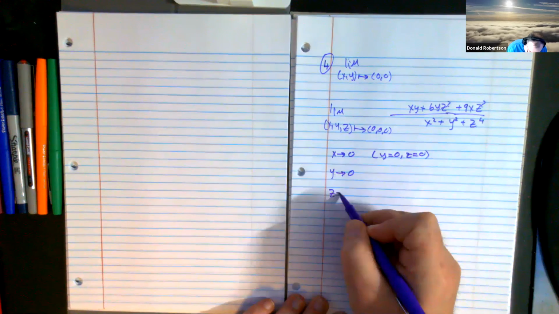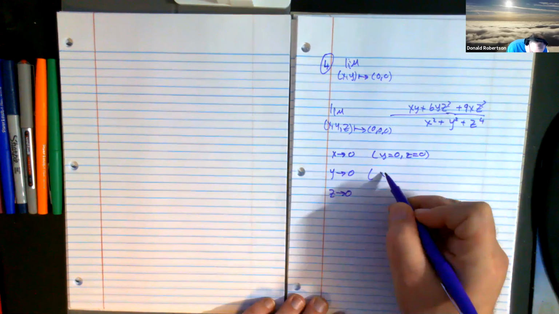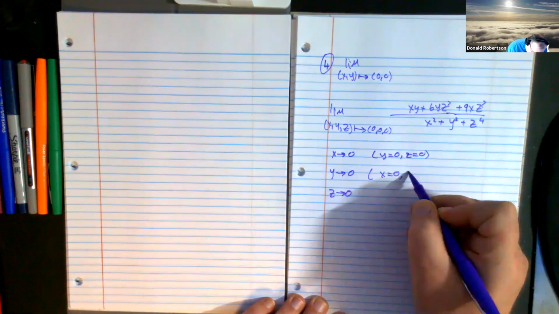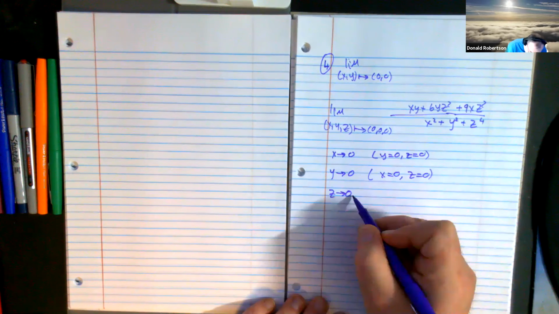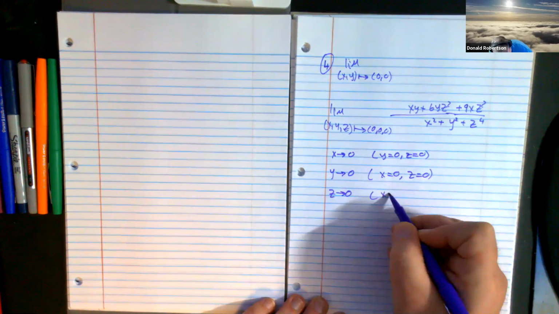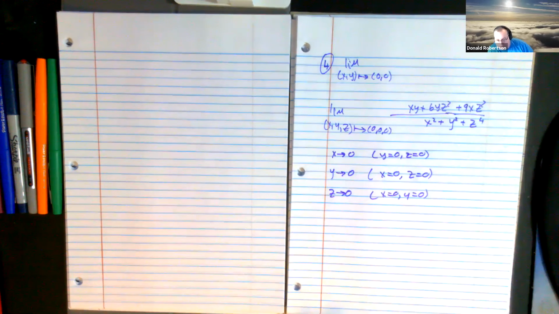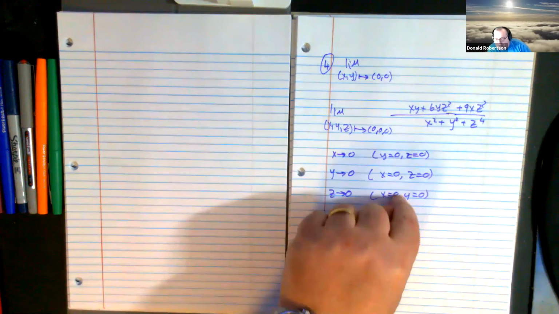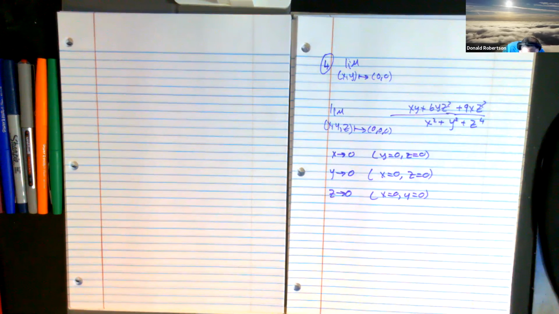So when I do the y tends to 0, I'm also going to at the same time fix the other 2 to be equal to 0. And when I do the limit as z tends to 0, I'm going to do these. Now the reason I'm going to do that is if these 3 answers disagree, in other words, if 2 of them say it's 0 and 1 of them says it's 4, that means this limit does not exist. Right? So let's start with the first one.